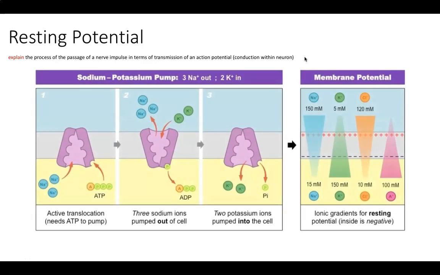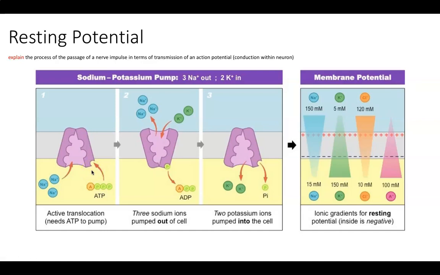Neurons generate and conduct electrical signals by pumping positively charged ions, so that's like sodium and potassium, across their membrane. So here we have the outside, and here we have the inside of the neuron, the axon.